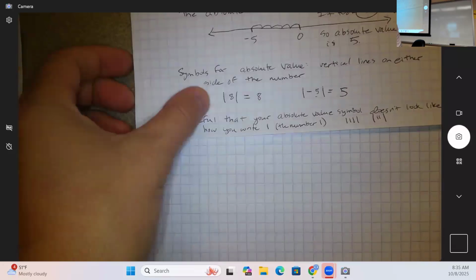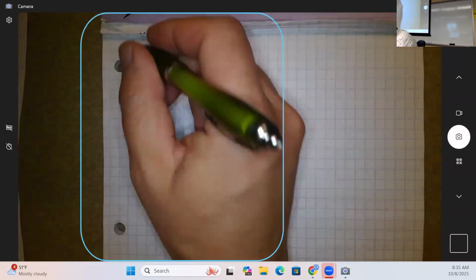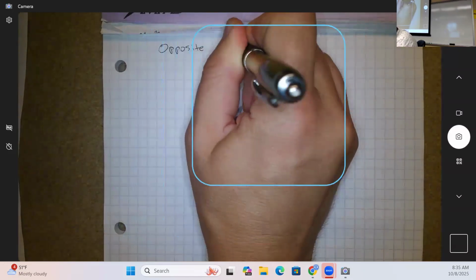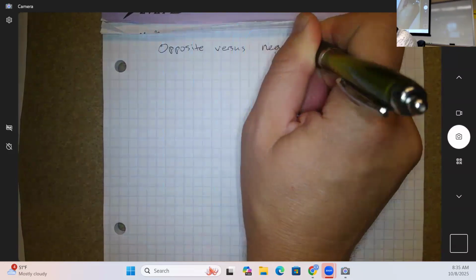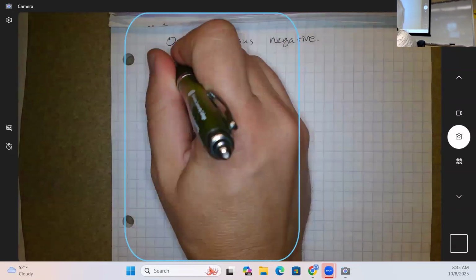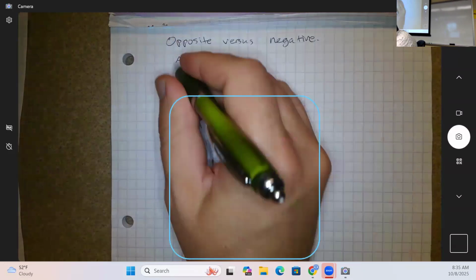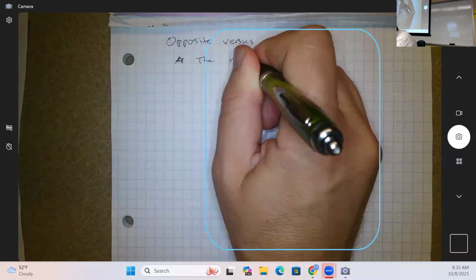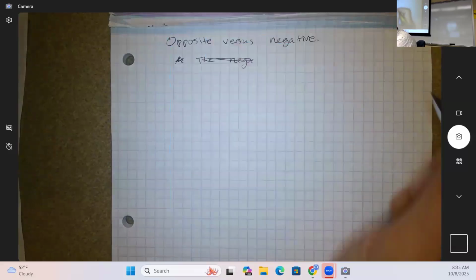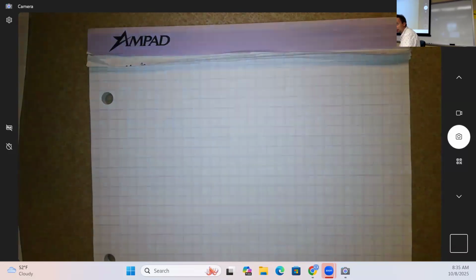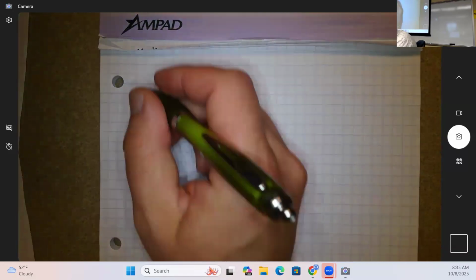Last topic from this section is opposites versus negatives. I'm actually going to start with negatives. Switch it, negative versus opposite, even though in the book it's opposite versus negative.